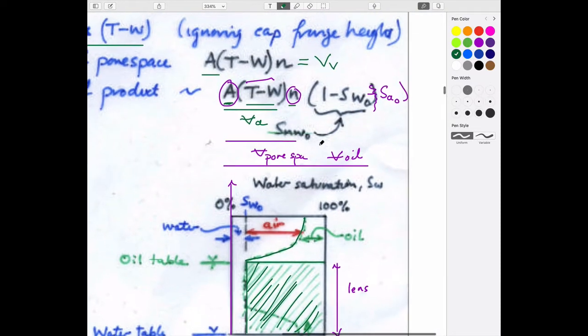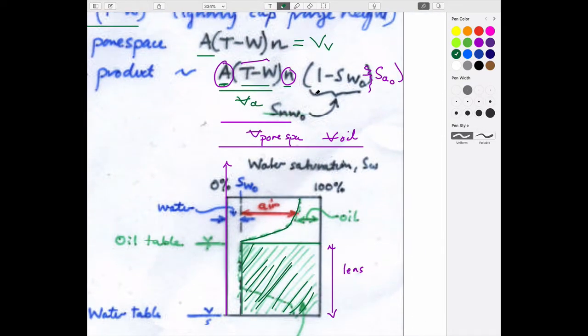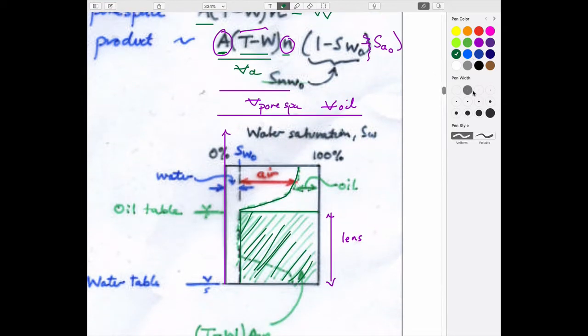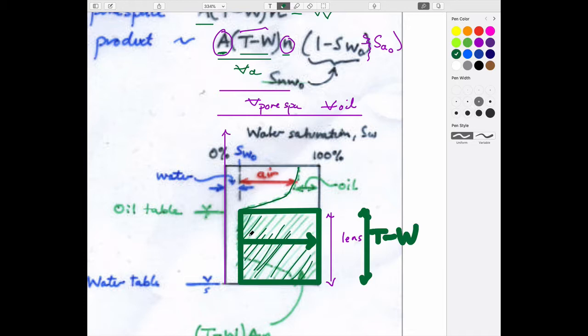For this particular calculation, what we're assuming is that this saturation looks like this. In other words, this height here is what we've called T minus W. It has an area to it, and this saturation here is equal to, again, it's a bit of a blunt instrument, 1 minus the irreducible saturation of the wetting fluid.